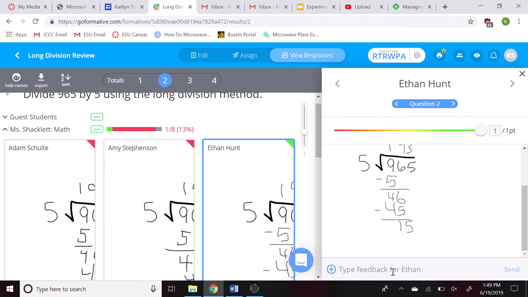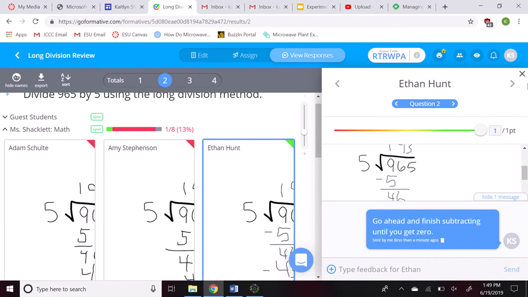The only thing, and I'm going to type some feedback, is to go ahead and finish subtracting until you get 0. That way it's just organized and you make sure that you're not dividing more than you need to. So go ahead and send that.